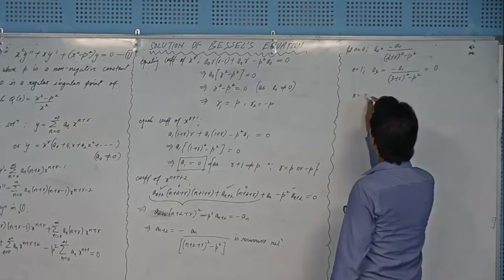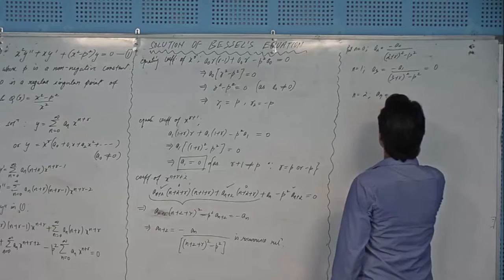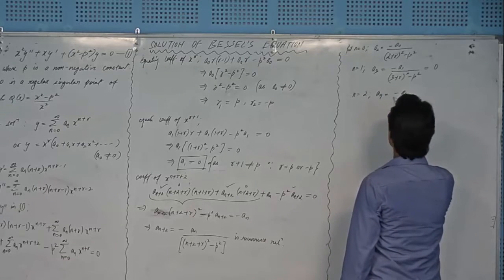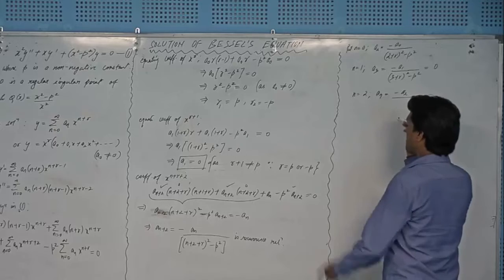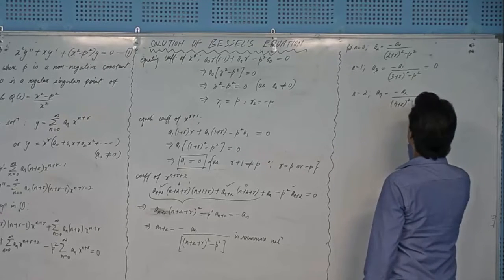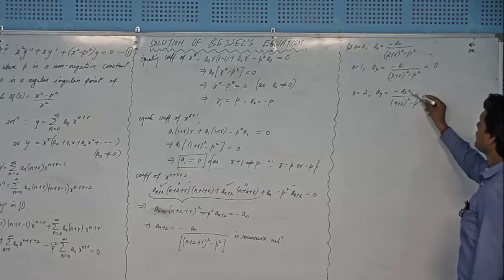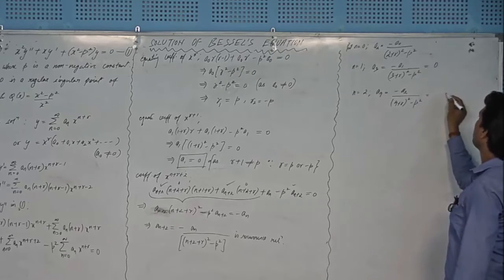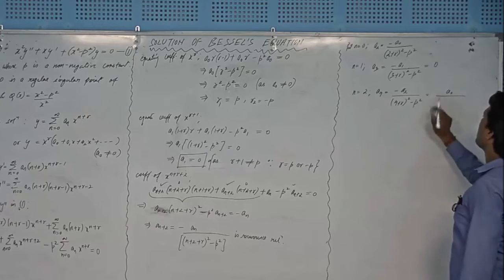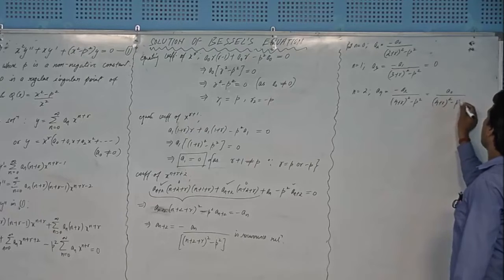Now I will put n equal to 2 to get a4 in terms of a2. Substituting n equal to 2, the denominator becomes (4+r) whole square minus p square, and plugging in the value of a2, the sign becomes plus, and you have a0 divided by (4+r) whole square minus p square multiplied by (2+r) whole square minus p square, right?